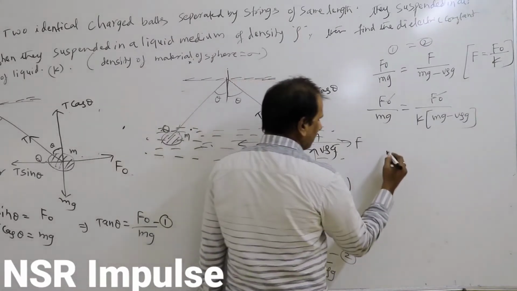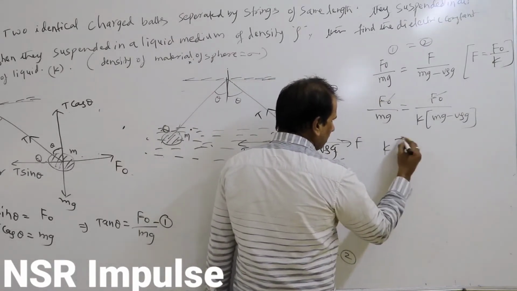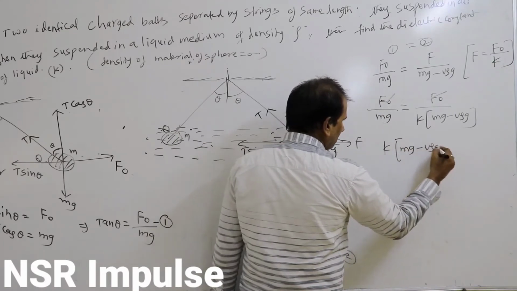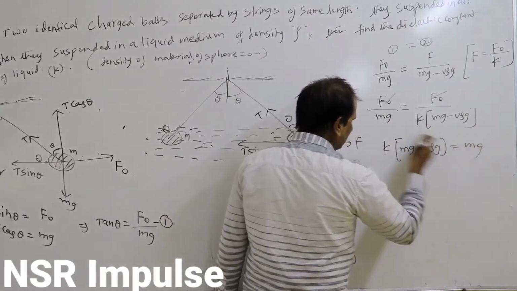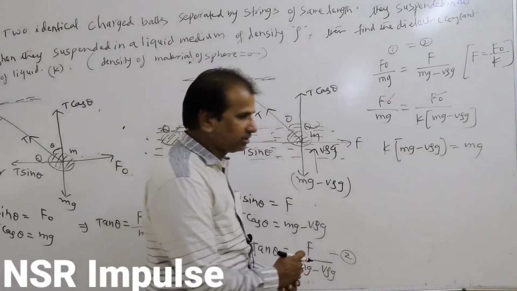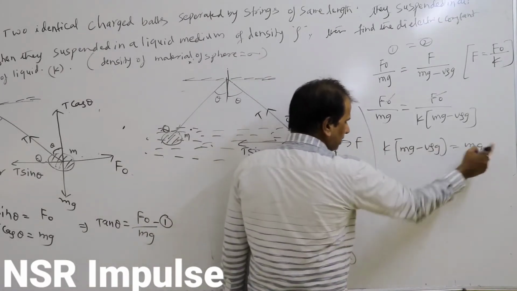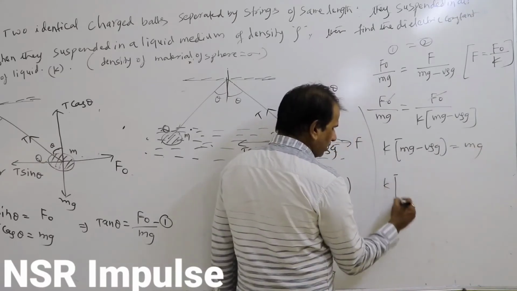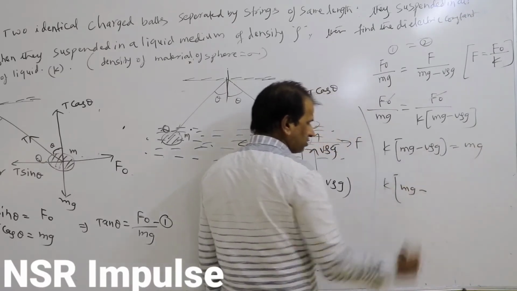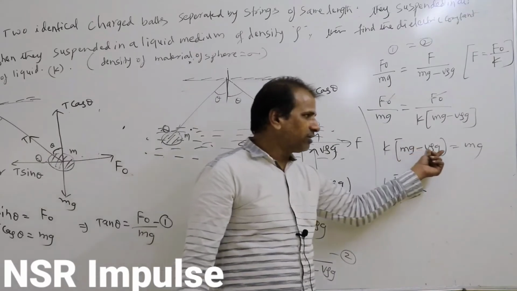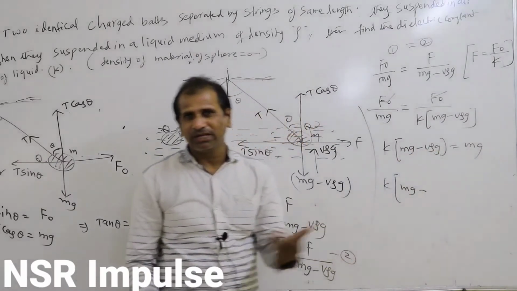So what we can write is, you bring this one, K of mg minus v rho g is equal to mg. We did cross multiplication, so g got cancelled anyway. This term belongs to the liquid. That is the buoyancy applied by the liquid.